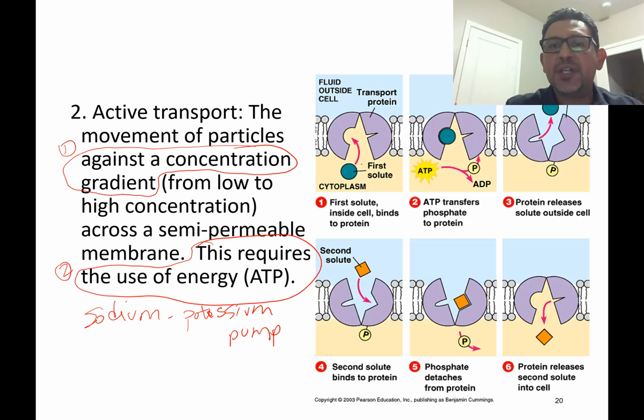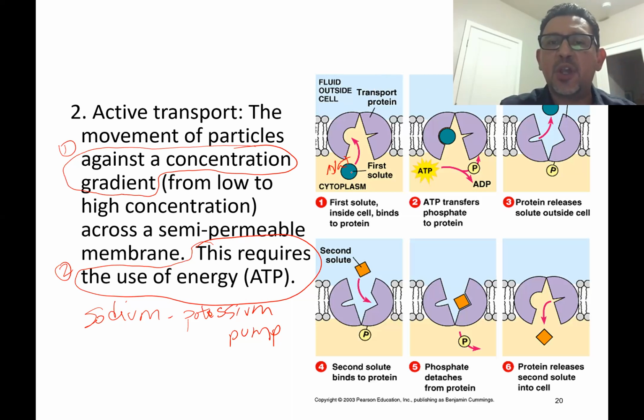A first solute can be something like sodium that is going to be going out. This is going to be, for example, a sodium ion that is going to be moved from where it's low concentrated to where it's more concentrated. And potassium will be going in the other direction, but it just follows sodium at first.